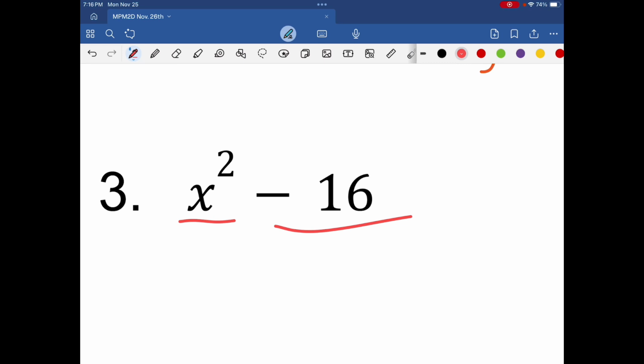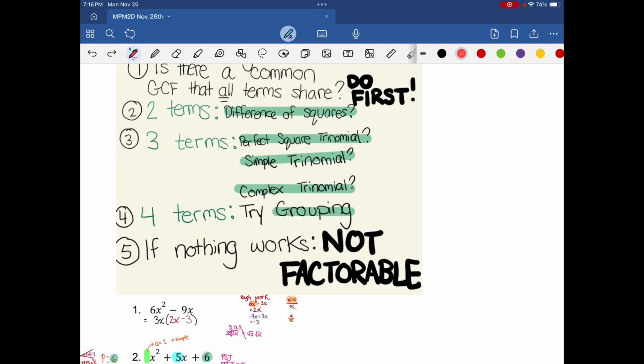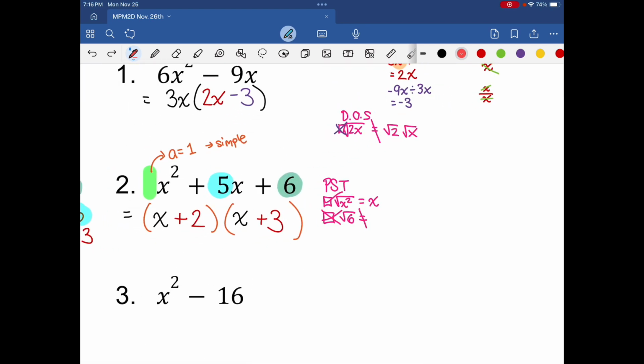Let's think. No, there's not. And how many terms do we see? We see 2 terms. So is this a difference of squares? Let's find out.